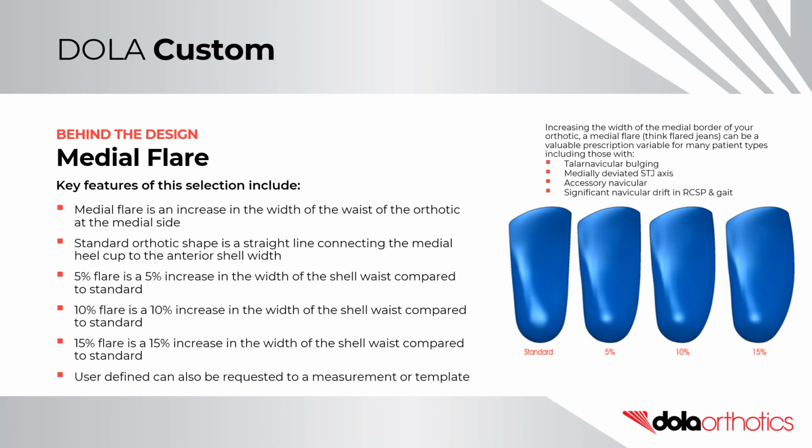A 10% flare results in an increase by 10% on the medial side compared to standard. And a 15% flare results in an increase by 15% on the medial side compared to standard. Users can also define the amount of flare to a set measurement or based on a template.